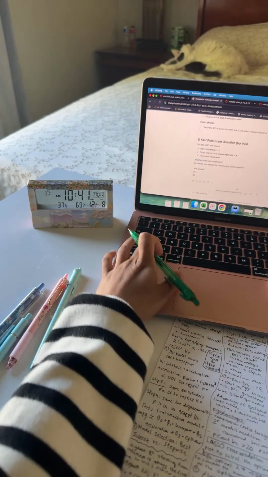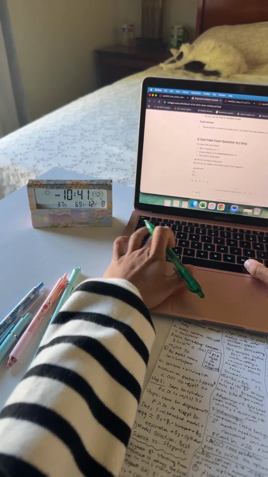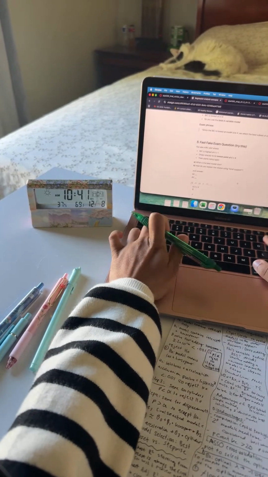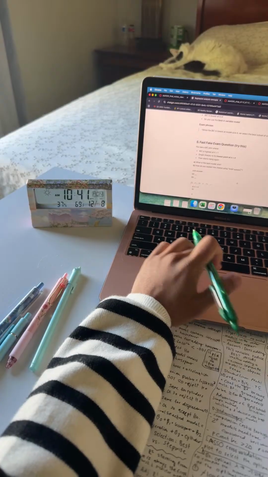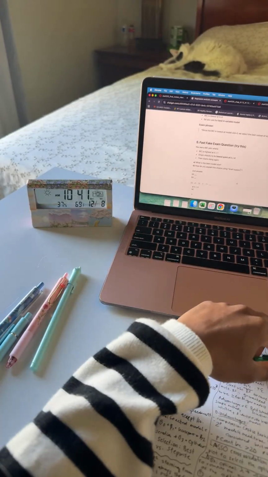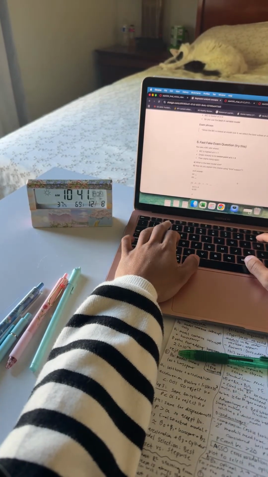Say k equals 4. And then B, how do you explain the choice?